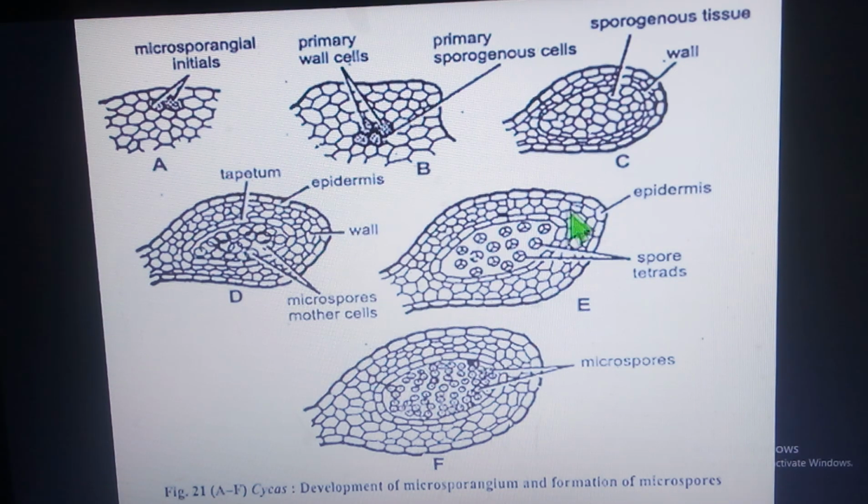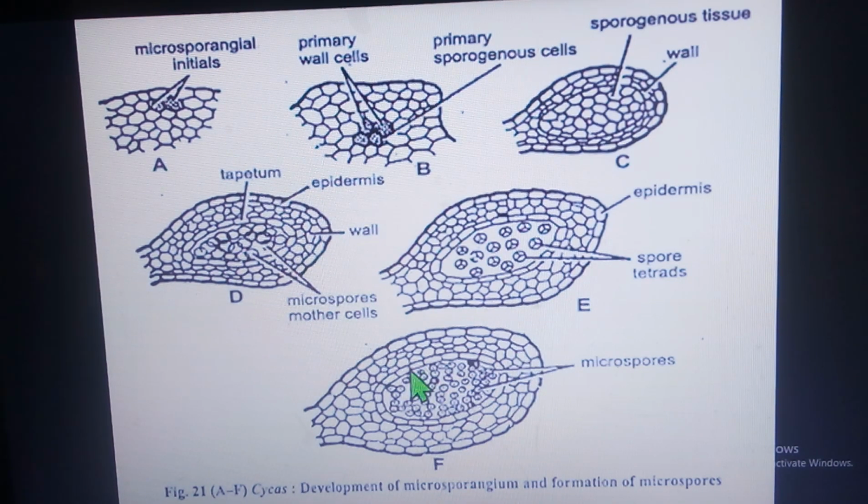Now of these 5 to 6 wall layers, the outer single layer is the exothecium, the innermost layer is the tapetum, and the rest are the endothecial layers. And the wall of the sporangium encloses a large number of these haploid microspores.